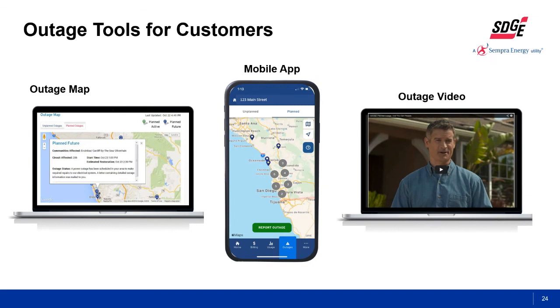You can look up this information in real time and get information on the cause of the outage as it's known, the circuit affected, the start time, and the estimated restoration time. There's also a video posted online that discusses some details about outages to improve your understanding of the basic steps that we go through to restore service. We know service restoration is important to everybody.